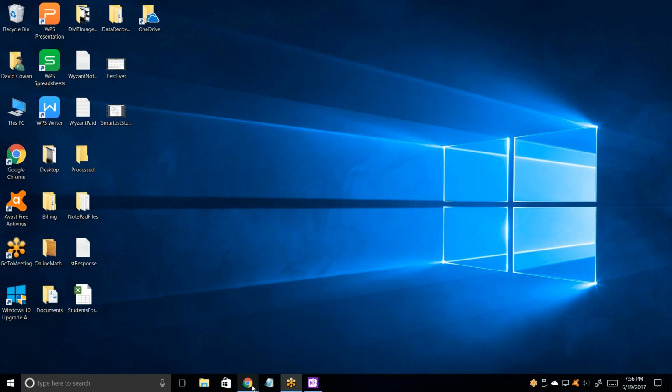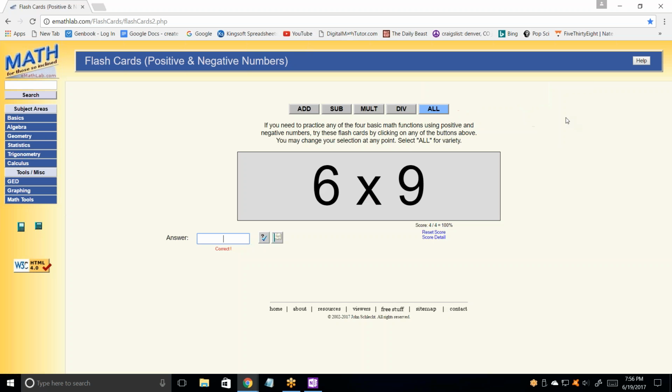And I can't overemphasize how important these are to be able to do quickly. And you're actually doing pretty good. Let's just do a few more just to make sure you handle all positive and negative number combinations. Usually when somebody has a problem with algebra, it's a problem with this.